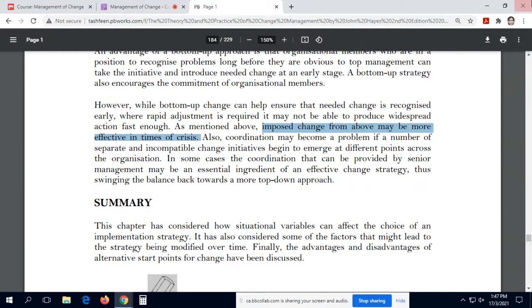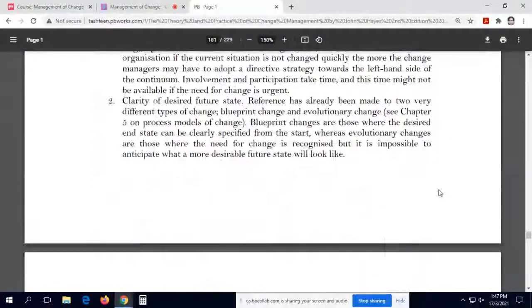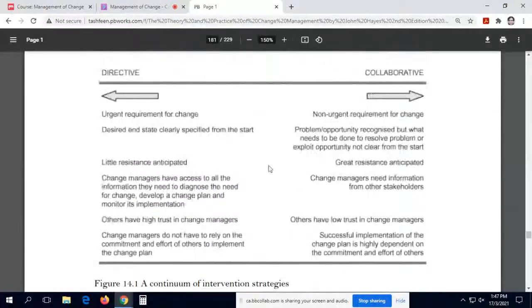So it's a good point that my mind is thinking about that, because let's look at the continuum, this one. Yeah, so very interesting. We spoke about directive and left hand side, and we spoke about collaborative right hand side. But there can be some situations in change where you are sometimes on the left hand side and sometimes on the right hand side, and sometimes you are somewhere in the middle also. It's not that you either take this approach or that approach.